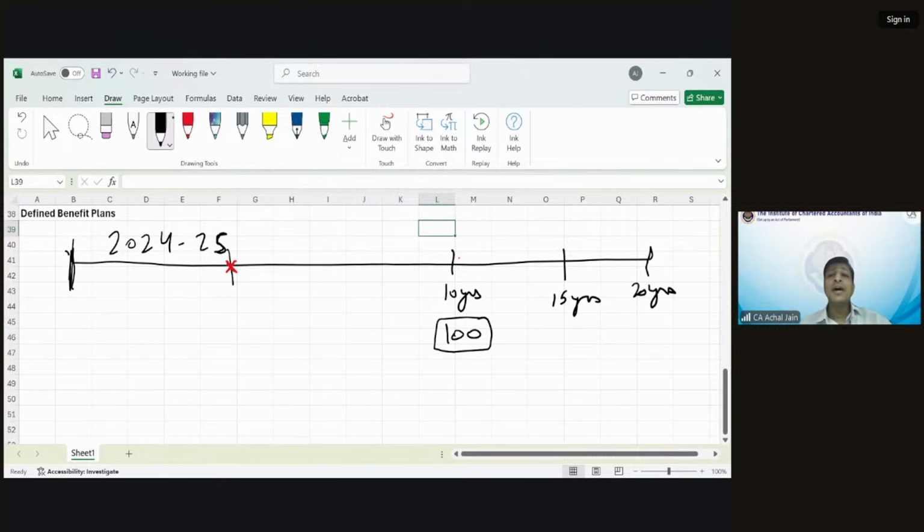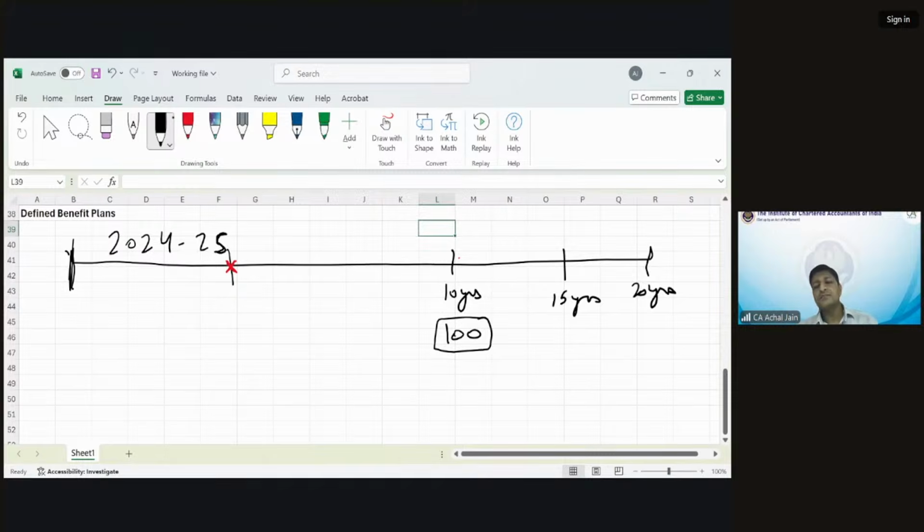Now, how do you arrive at this 100? Some assumptions will have to be made. When the organization is estimating, 100% accuracy is not possible. Some approximation will be required. Without the approximation, you can't estimate the liability.